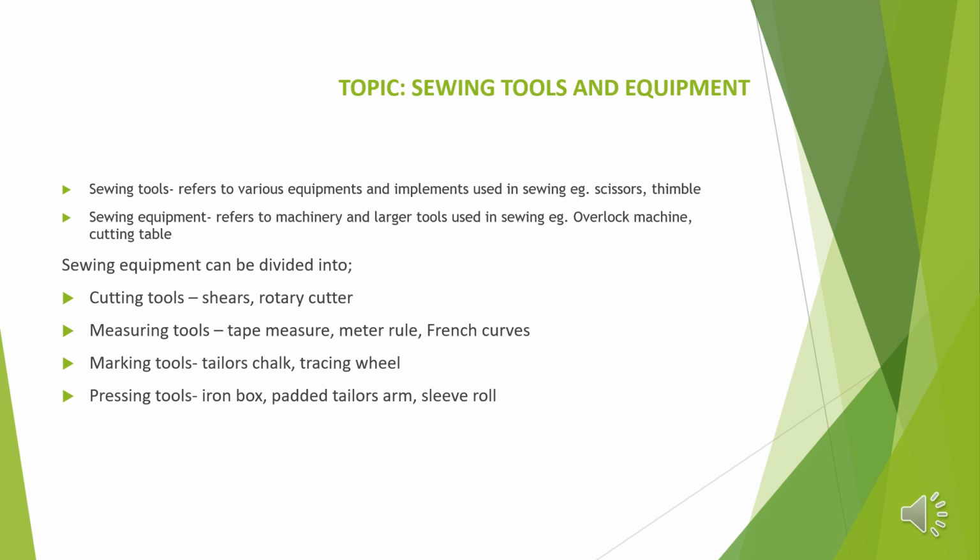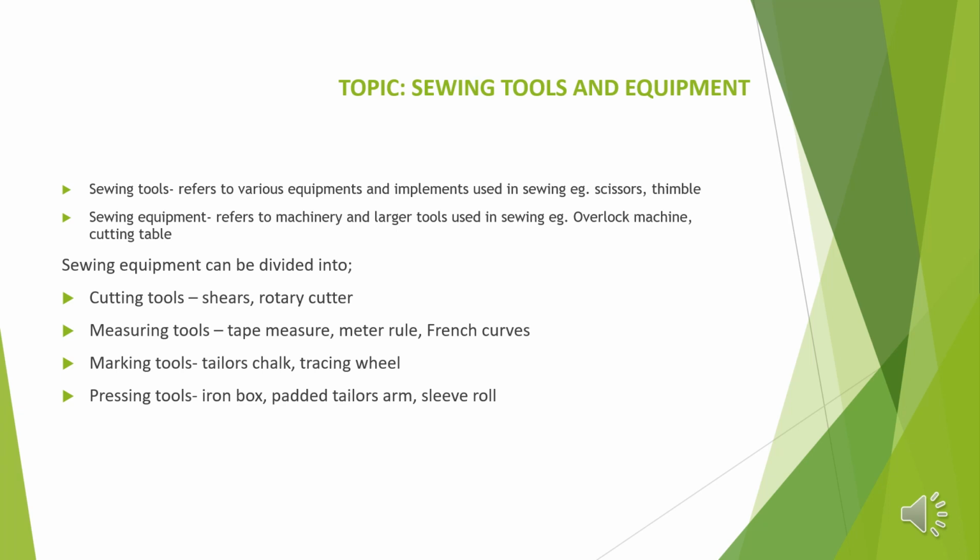Under cutting tools, we have the scissors, shears, pinking shears, seam ripper, thread clipper, and so on. Under measuring tools, we have the tape measure, French curves, clear ruler, we have the set squares, and so on.